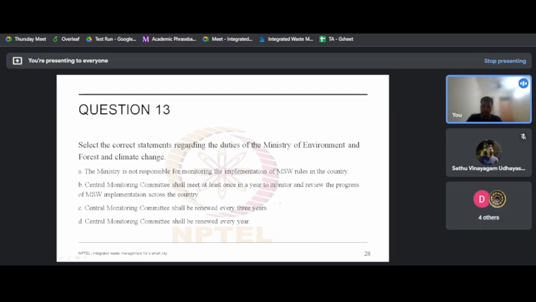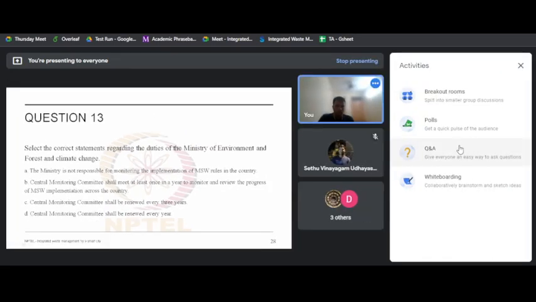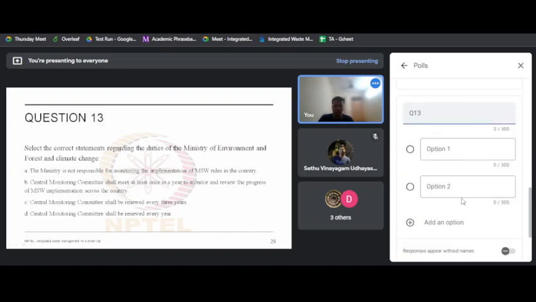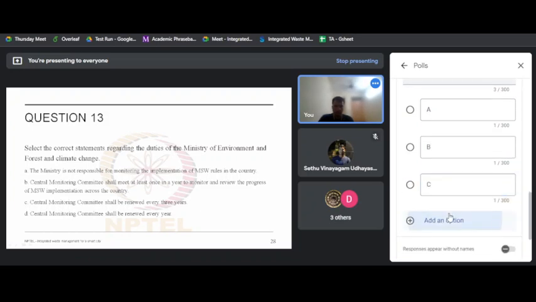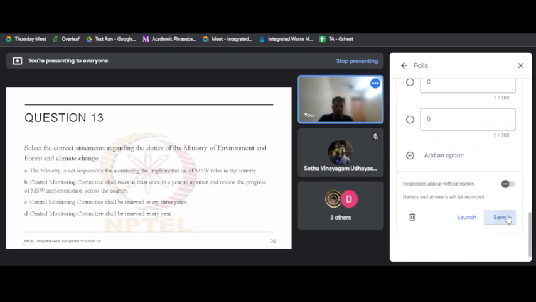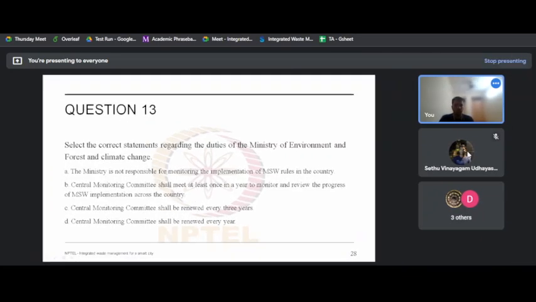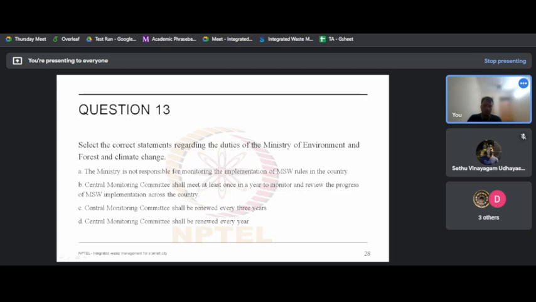So maybe we'll do a poll for this since this is the last question. So this is question number 13. You can also drop your answers in the chat. If the poll is live, you can enter your responses.